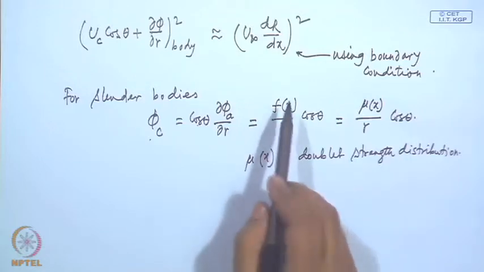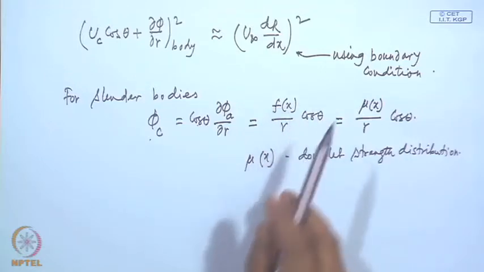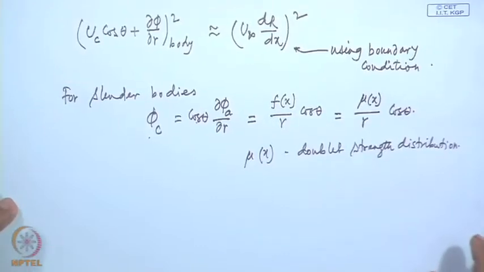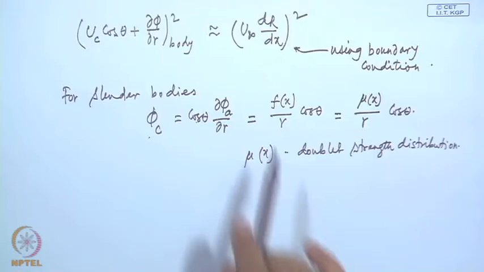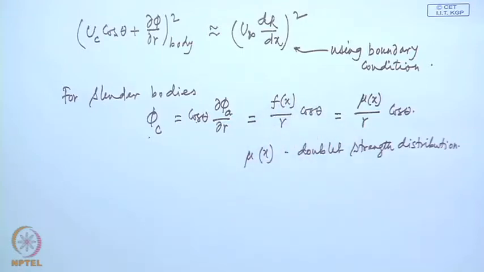And as you have seen, the source strength in the case of the axial part of the flow can be evaluated using the boundary condition, and it relates to the radius or the cross sectional area.